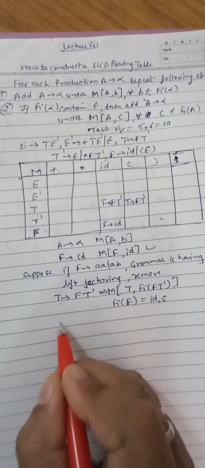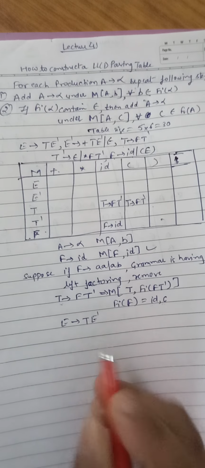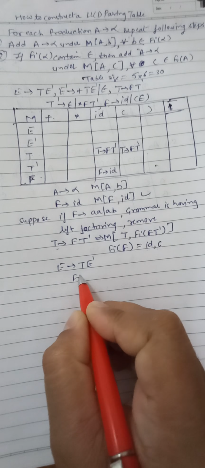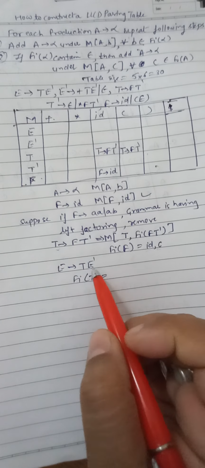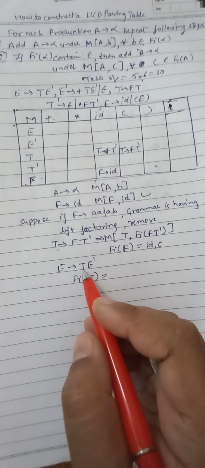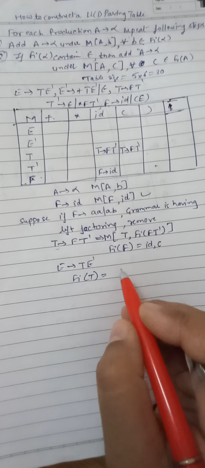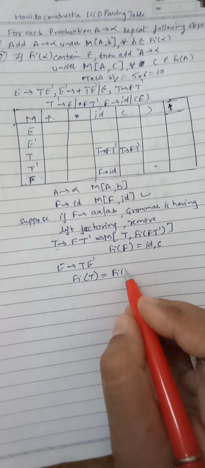Now we will see the next production. The next production is e tends to t e dash, so it means first of t, and first of t is equal to first of f from the production.